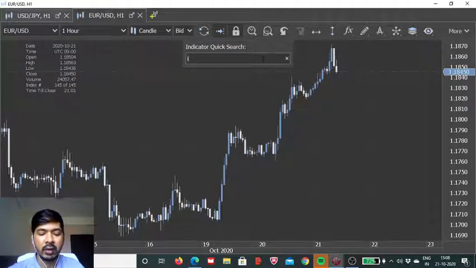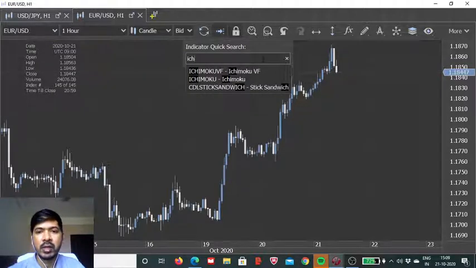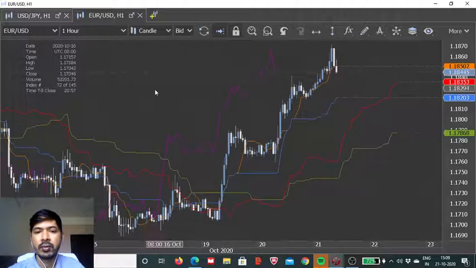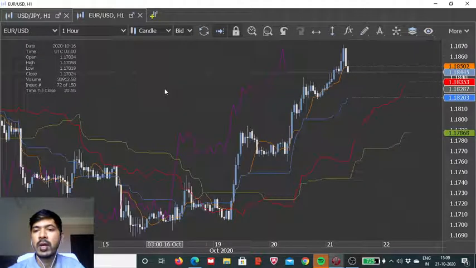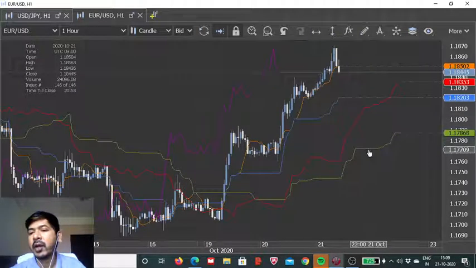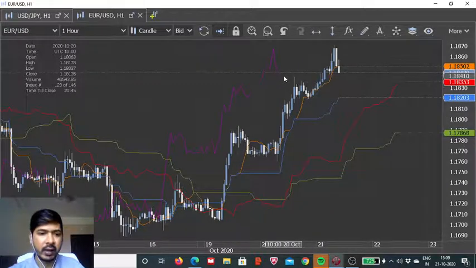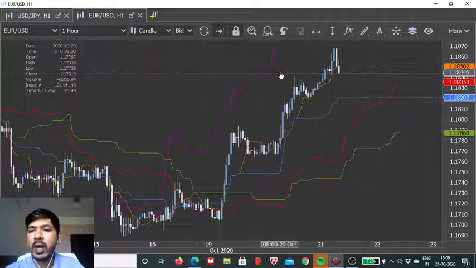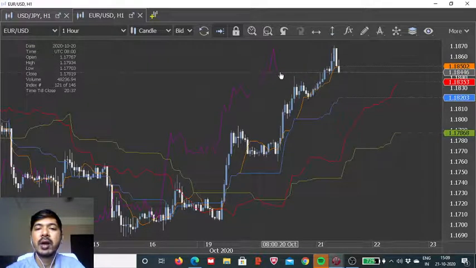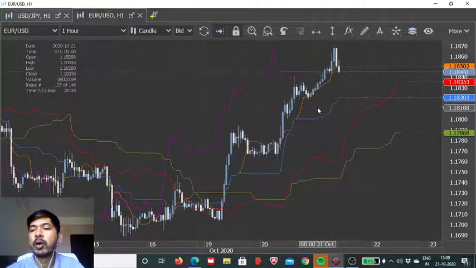Here I will search for the Ichimoku VF. So this is the Ichimoku VF indicator. You can see we have these 5 output values, 5 lines plotted with varied output values. Sometimes the traders might want to use fewer of these output values.